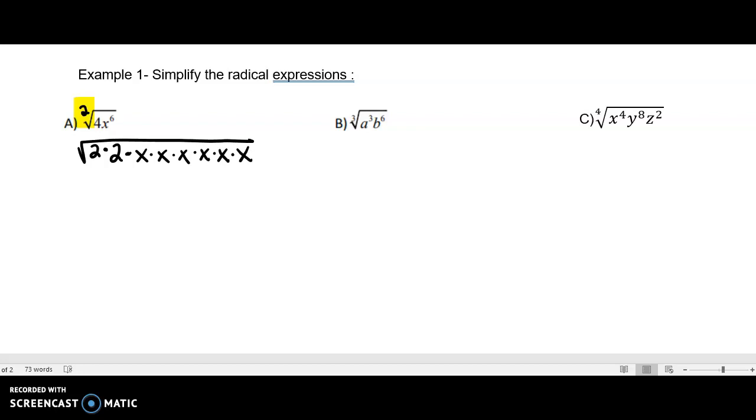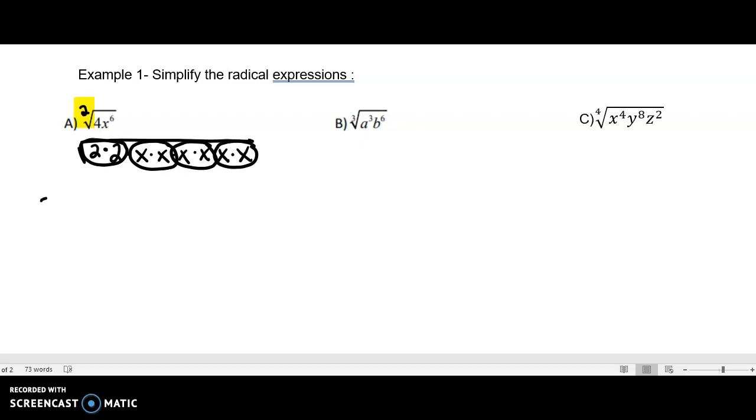So I'm taking out groups of 2, getting that from my index here that's highlighted. So I have here a group of 2, a group of 2, a group of 2, and a group of 2. If it is grouped, it can come out of the radical.